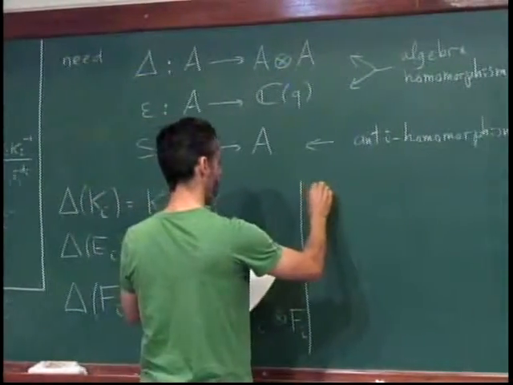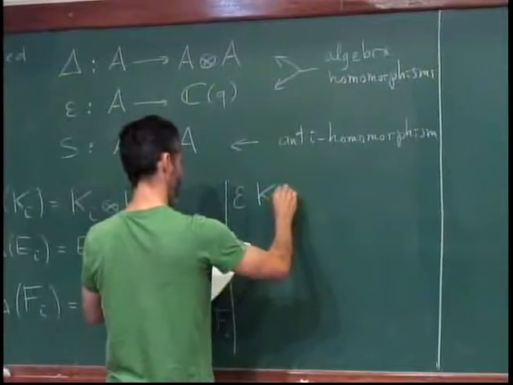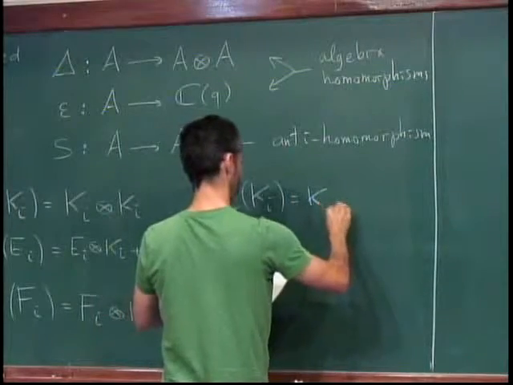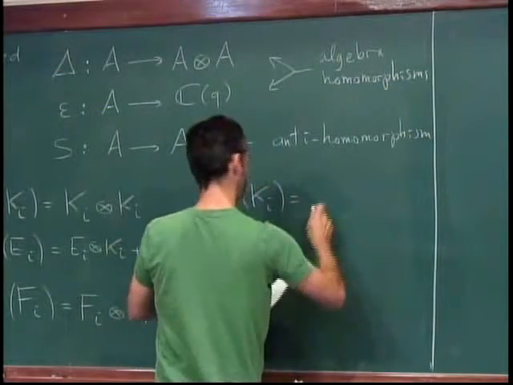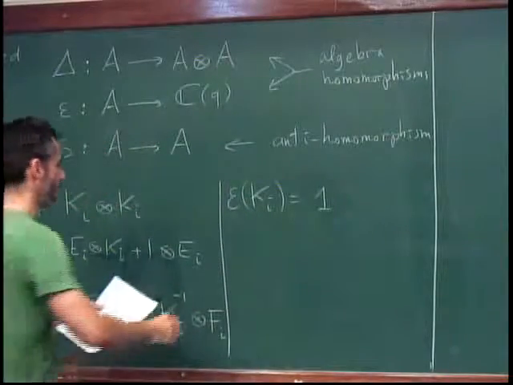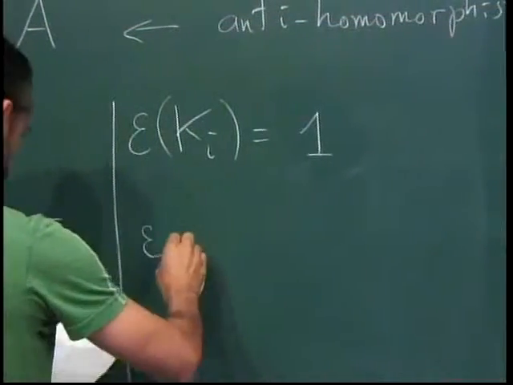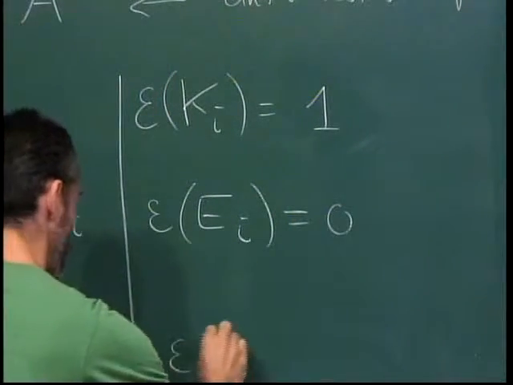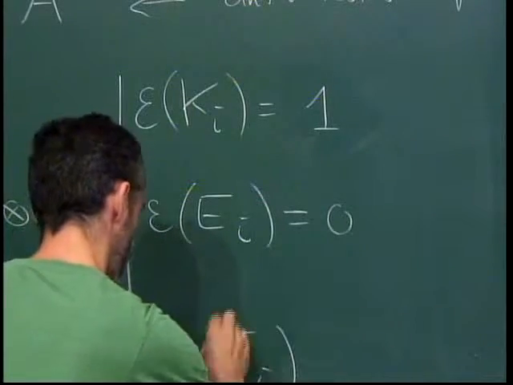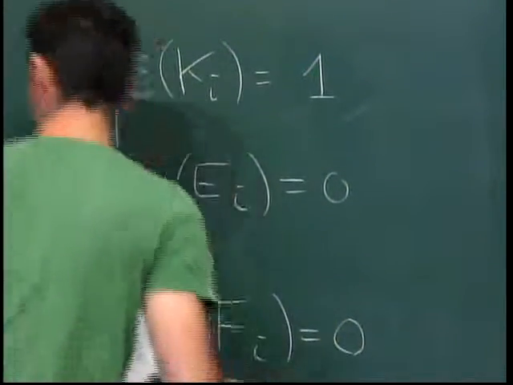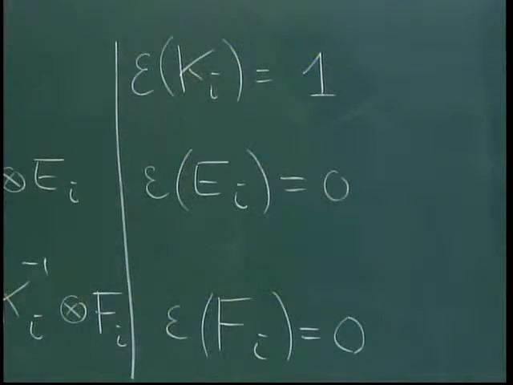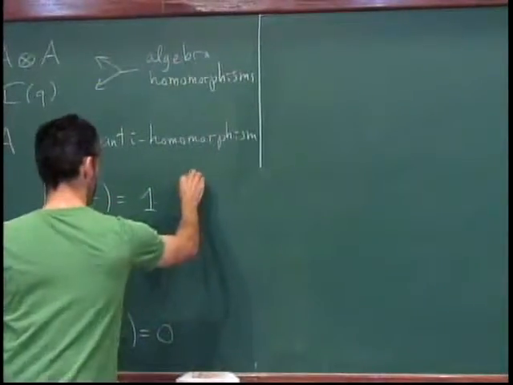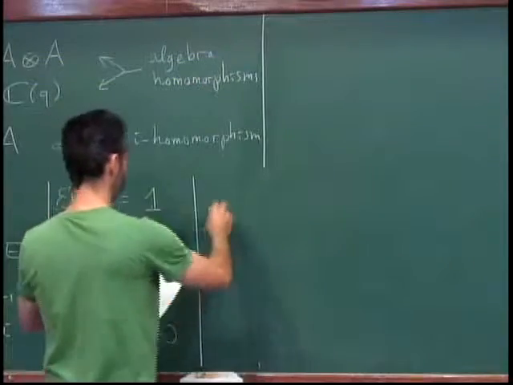We have the counit is 1 on K_i, 0 on E_i, similarly 0 on F_i, and then finally I need to give you the antipode.